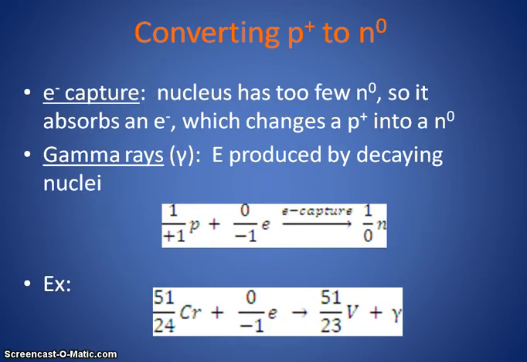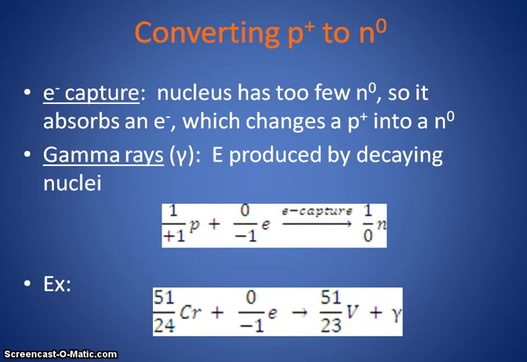Another way to stabilize nuclei is by converting protons to neutrons, and there are 2 ways that you can do that, one through electron capture and the other through positron emission. Electron capture is when the nucleus has too few neutrons, so it will absorb an electron, which changes a proton into a neutron. They'll balance each other out.